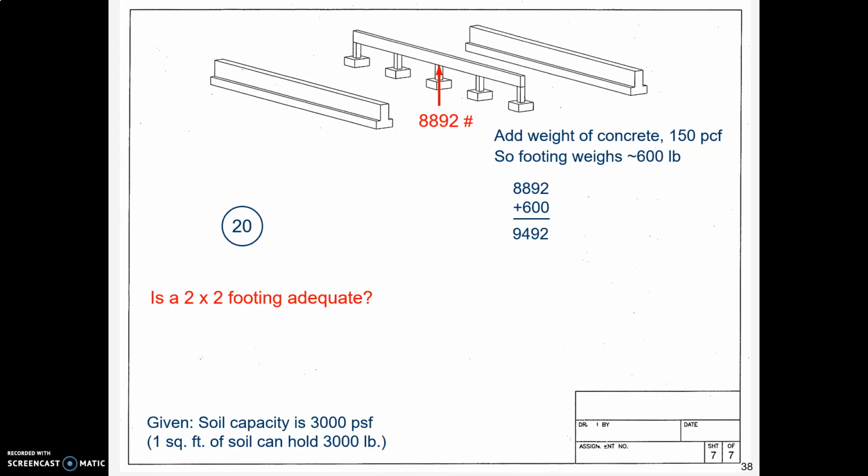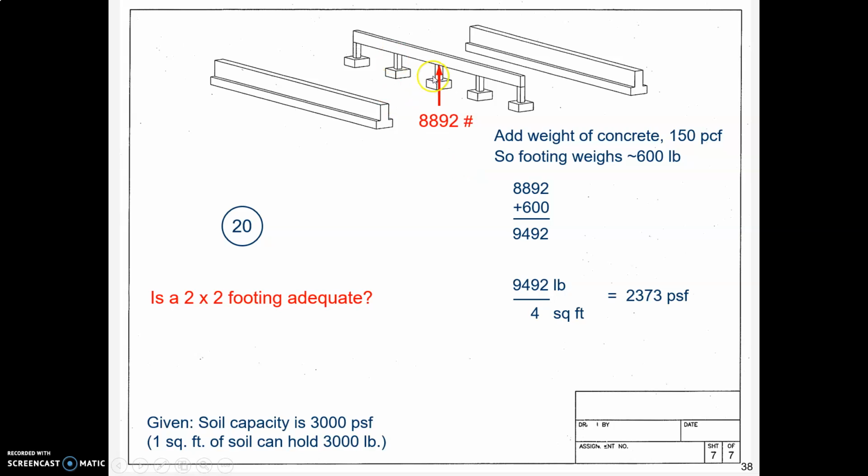Is that okay? Well, remember that we've got 4 square feet of concrete area here, so let's divide 9492 by 4. We'll get 2373 pounds per square foot.